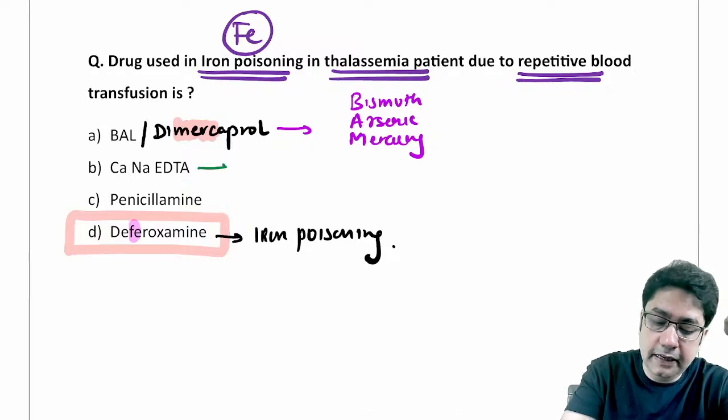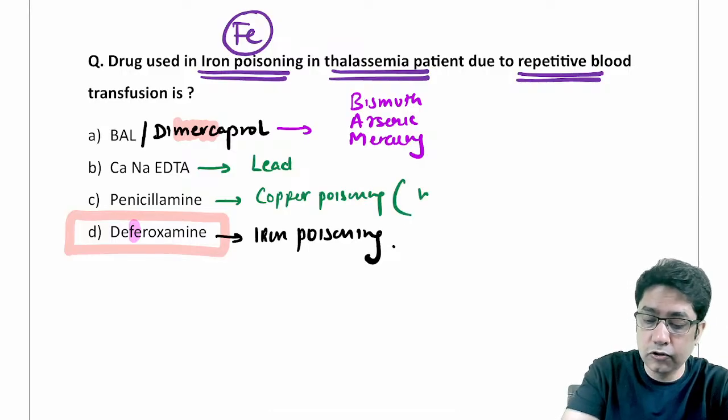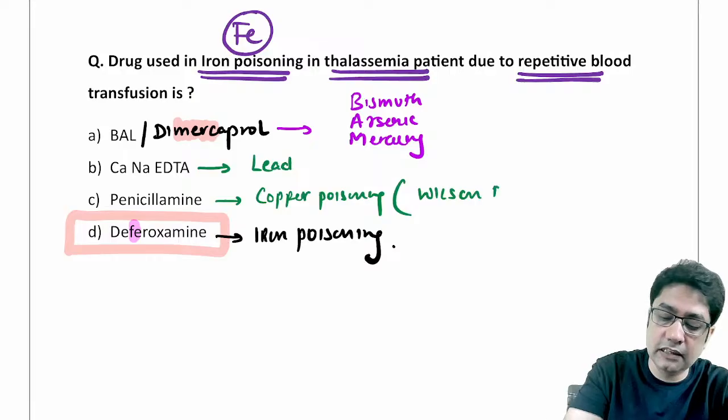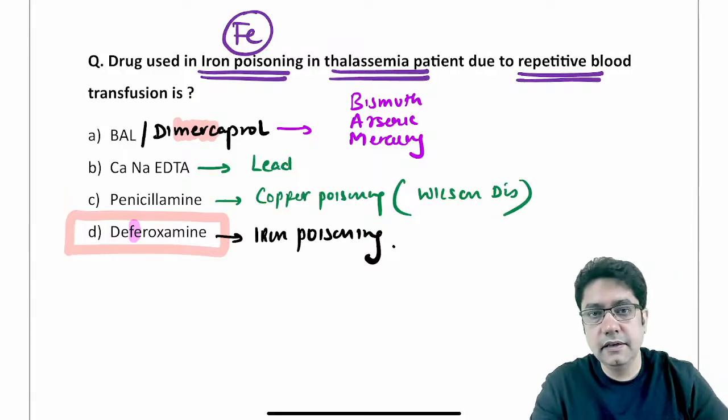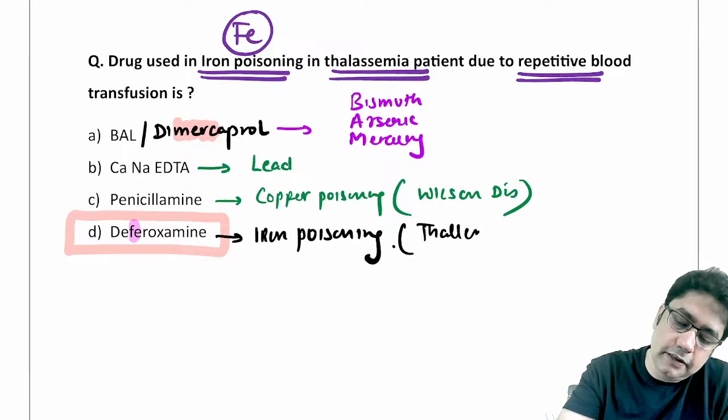Calcium disodium EDTA is the drug of choice for lead poisoning. Penicillamine is the drug of choice for copper poisoning. And we have discussed that copper poisoning is also seen in Wilson's disease. Iron poisoning is commonly seen in thalassemia patients.